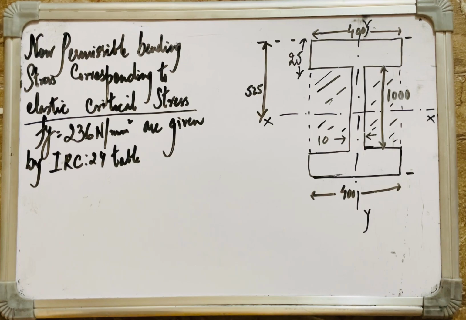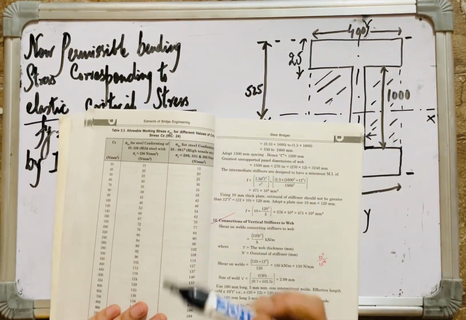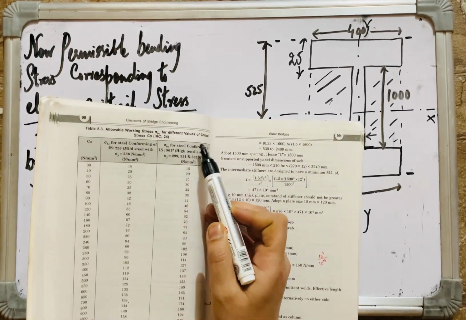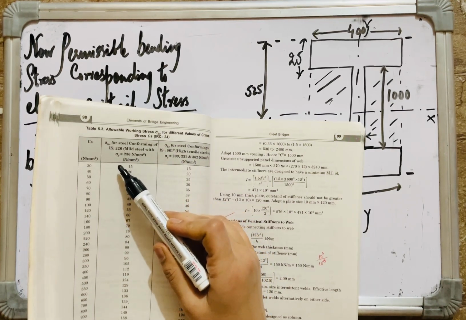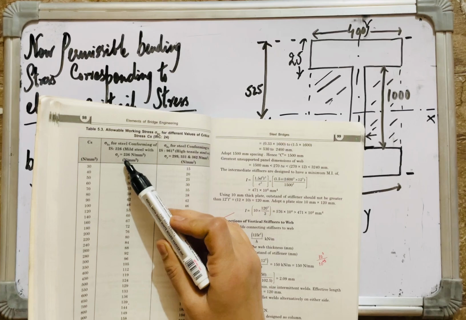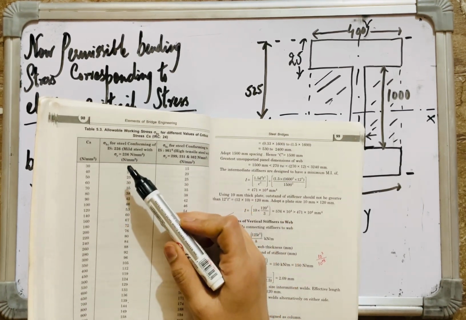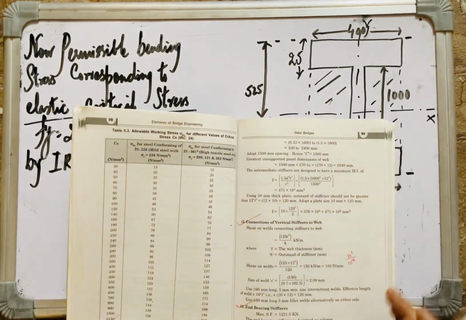This gives us the allowable working stress for different values of the critical stresses, conforming to the yield strength. This is 236 Newton per mm square. In the question itself, it is given that you have to use rolled steel sections with yield stress of 236 Newton per mm square, and this is the table given in IRC 24.